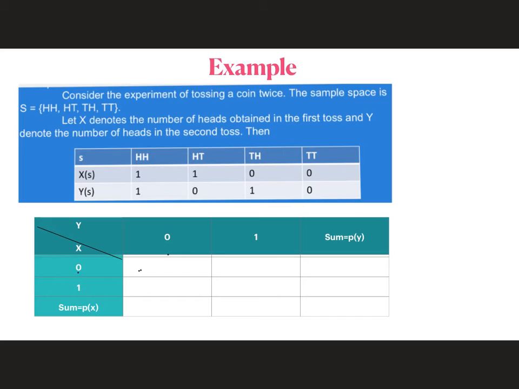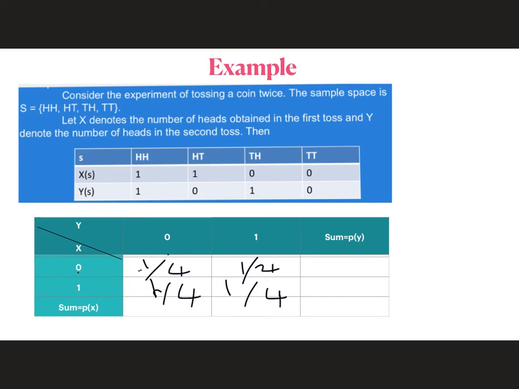That is one possibility out of 4, so the probability is 1 by 4. Similarly, 0, 1 is one out of 4, so it is 1 by 4. Similarly, 1 comma 0 is also one time out of 4, and 1 and 1 is also one time out of 4.